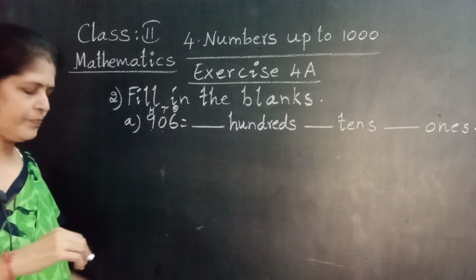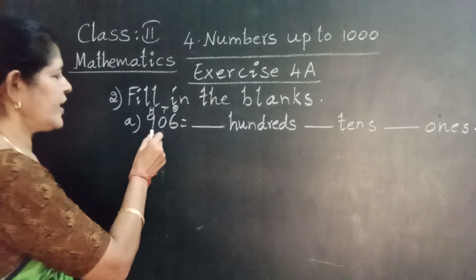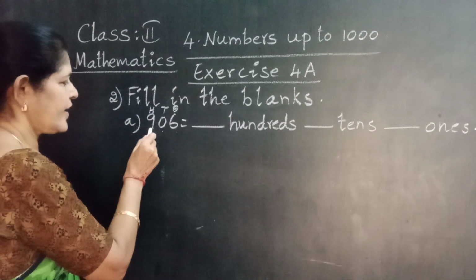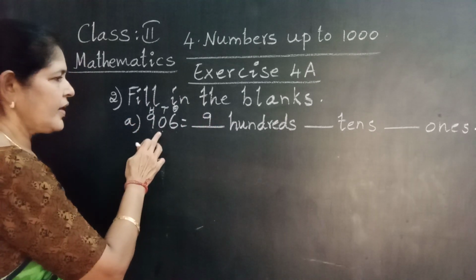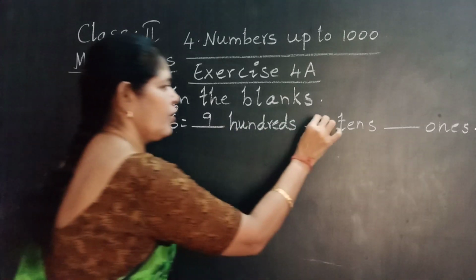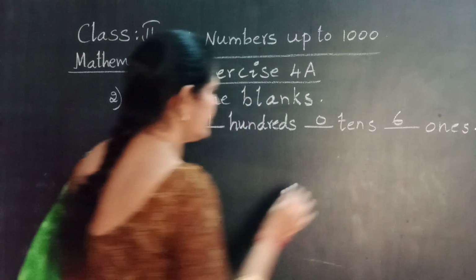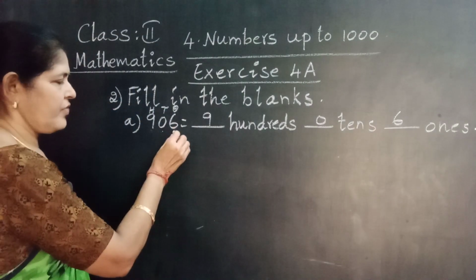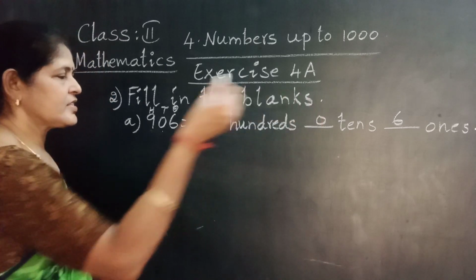Keep the places above the number and write. How many hundreds? 9. How many tens? 0. How many ones? 6 ones. 906 has 9 hundreds, 0 tens and 6 ones.